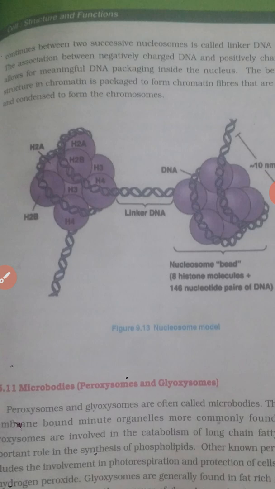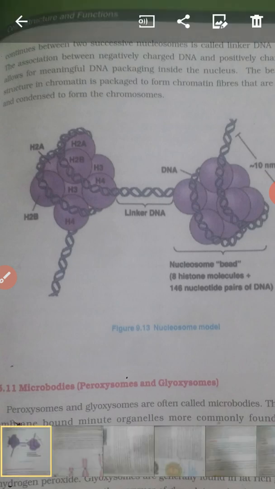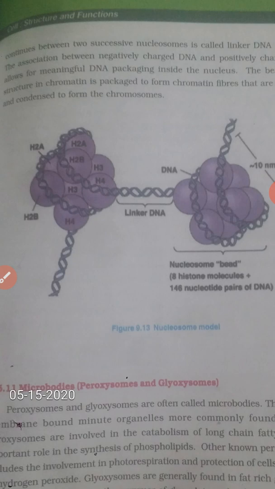Generally, DNA makes 2 complete turns around the histone octamer, and these 2 turns, 146 base pairs long, are sealed off by an H1 protein molecule. The association between negatively charged DNA and positively charged histones allows for meaningful DNA packaging inside the nucleus. The number of nucleosomes in a human is 3 times 10 to the power 10.